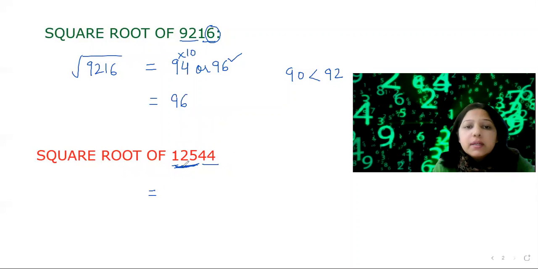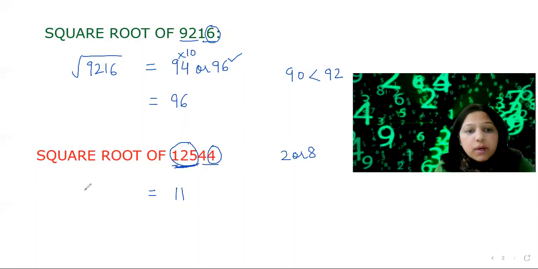This 125, the nearest square is 121, and 121 is the square of 11. So the first two digits will be 11. Now to find the last digit, you can see this number is ending with 4. So according to the chart which I showed you, the last digit can be 2 or it can be 8.